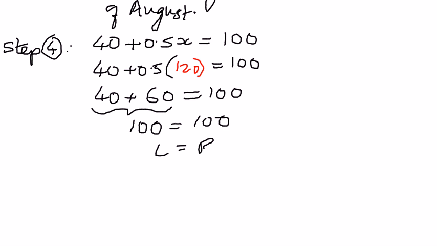Therefore the value of x we have determined as 120 is exactly correct, and x equals 120 tells us that we are using 120 minutes for the month of August.